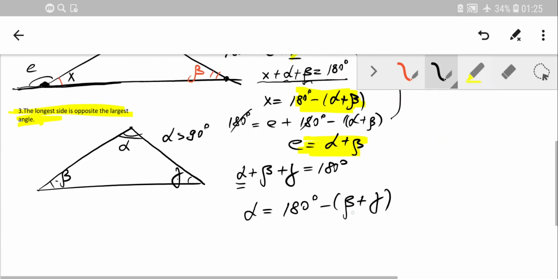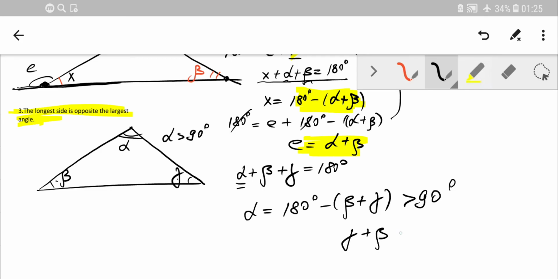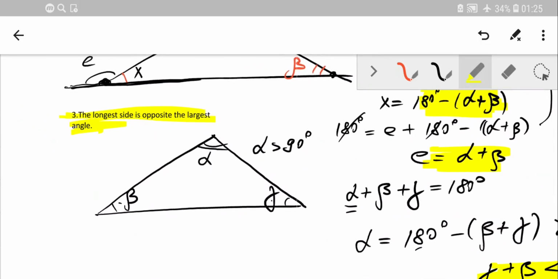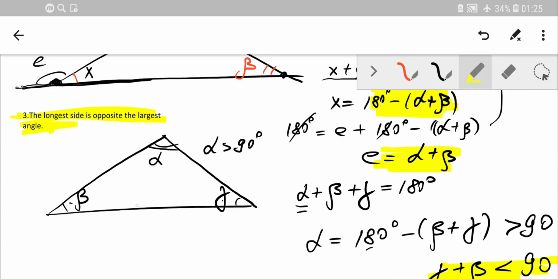We can figure out that in this case, gamma plus beta is going to be less than 180 minus 90, which is 90. So if one angle is obtuse, meaning more than 90 degrees, the sum of the rest of the angles is less than 90 degrees. And the longest side is opposite the largest angle, so simply this side is the longest.